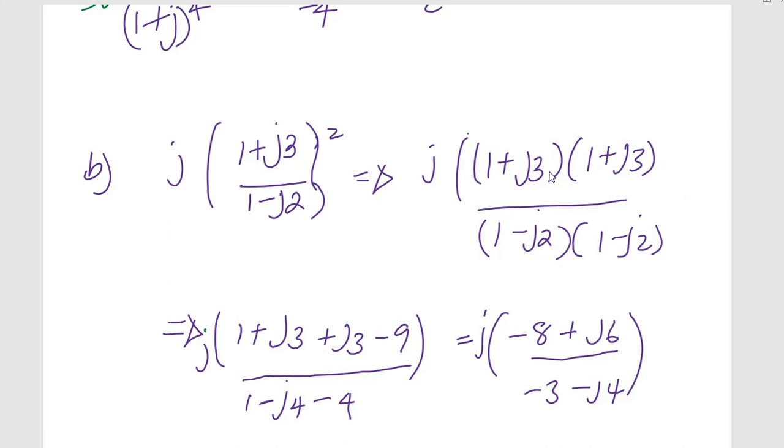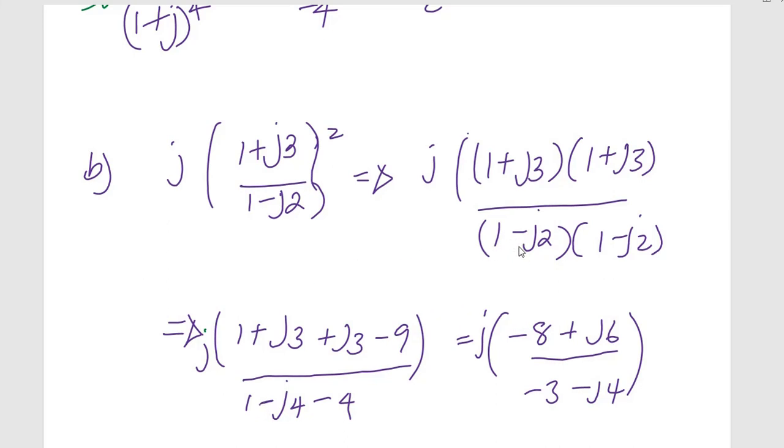then plus j3 times 1, which is j3, then times j3, which becomes j squared times 3 by 3, which is 9, but the j squared is negative 1, which gives negative 1 times 9, and this is why we have minus 9 here.